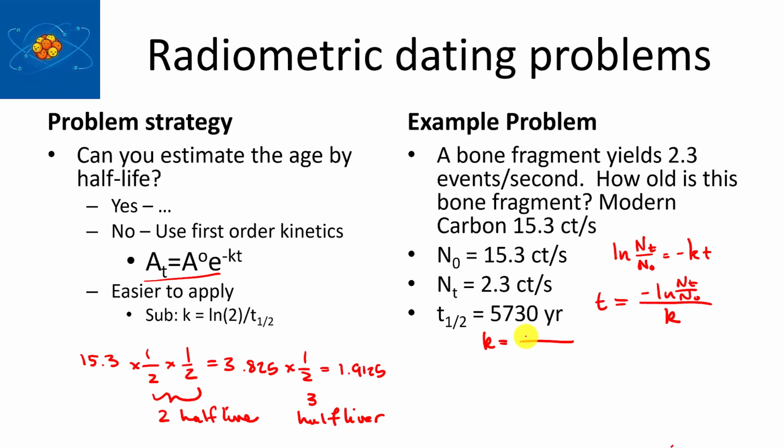That's going to be the natural log of 2 divided by 5,730 years. And then Nt is 2.3 counts. That's the current number of counts. And N0 is 15.3, so that would be this value here. So you go ahead and do that calculation, and what you get is the object's about 15,000 years old. And again, the reason for doing this calculation initially is just to bracket the answer to get a good idea what it should be, so you'll know approximately what it is.